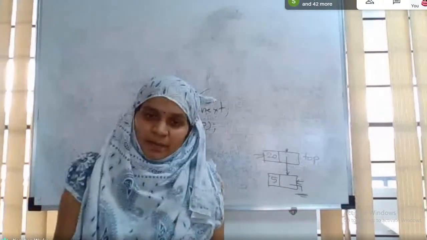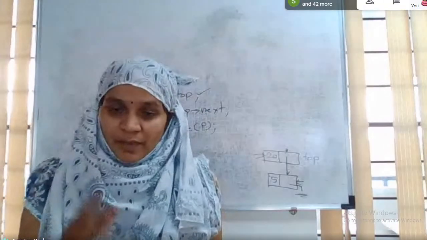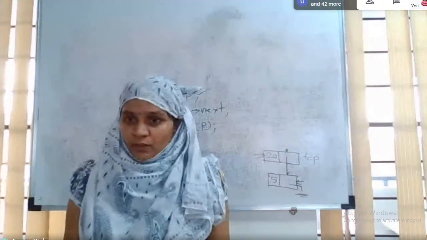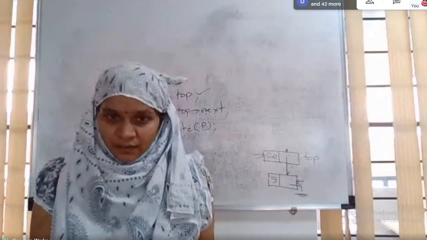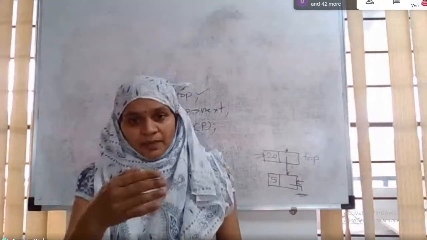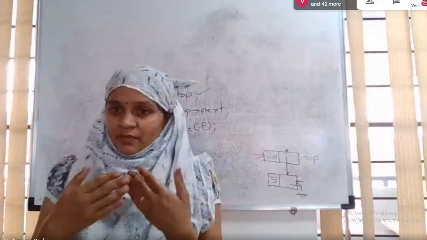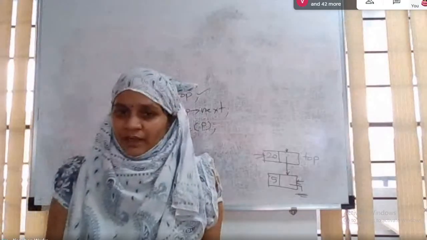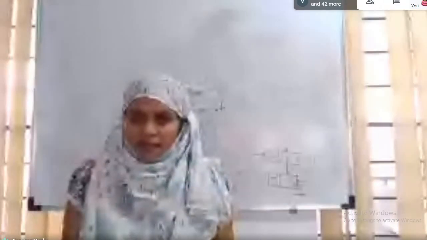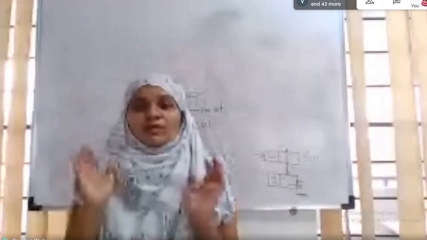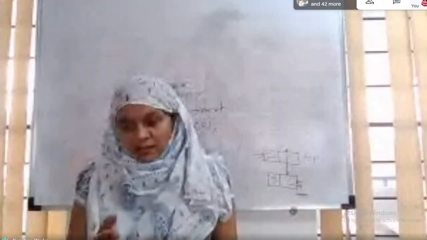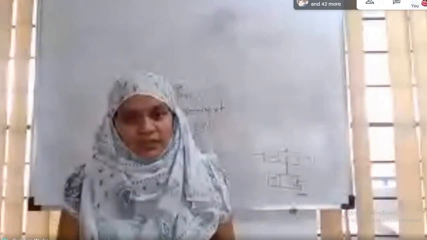So if there is a requirement of a node, create the node, means reserve the memory for the node and put the data. So as long as memory is there in your laptop, desktop, whatever, you can continuously insert nodes in the linked list.